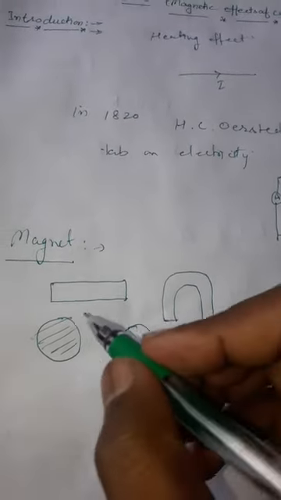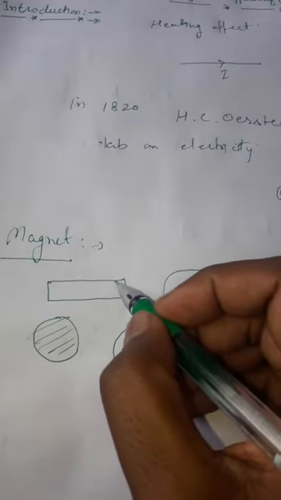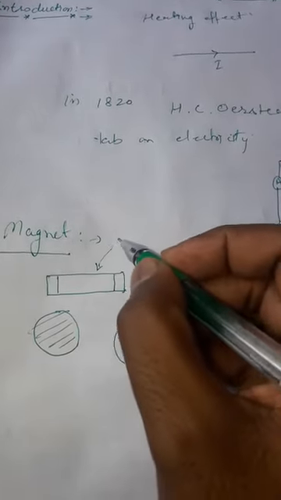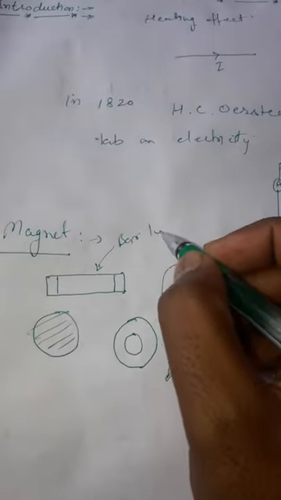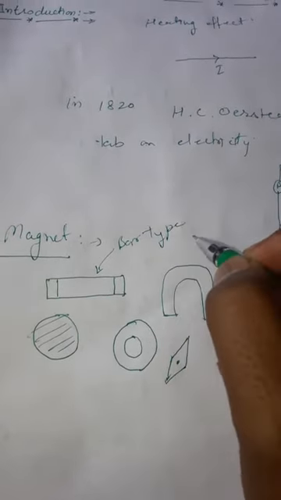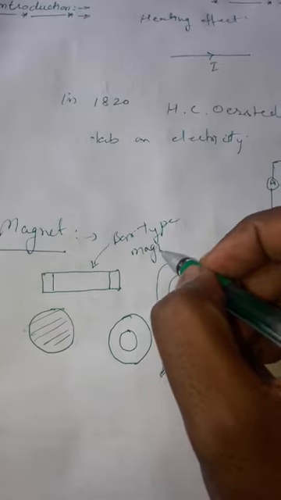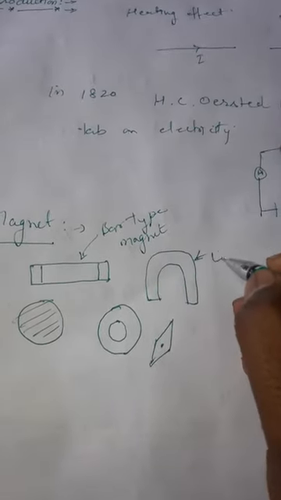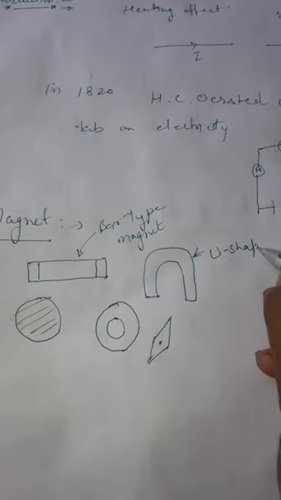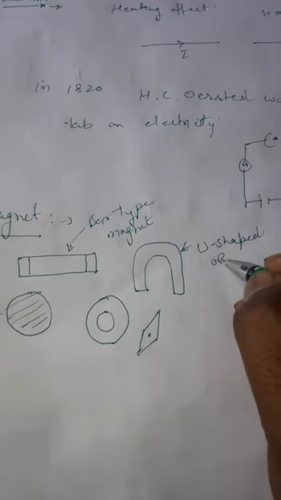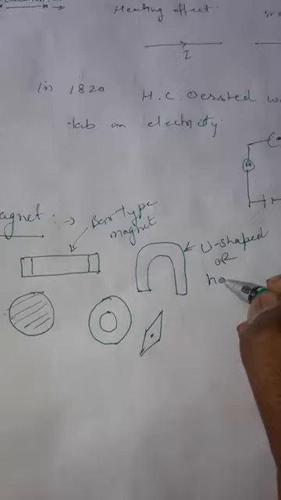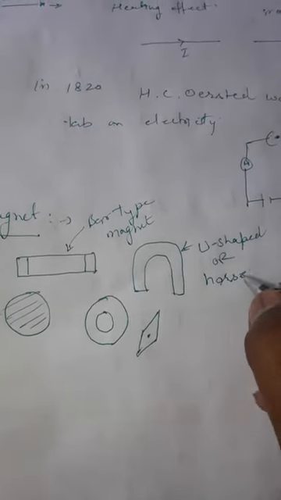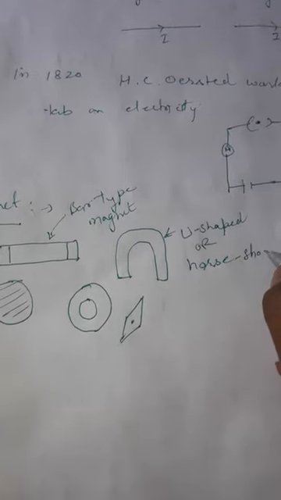But the most important shapes are, first, the bar type magnet, and second, the U-shaped magnet, also known as the horseshoe magnet because it is in the shape of a horseshoe.